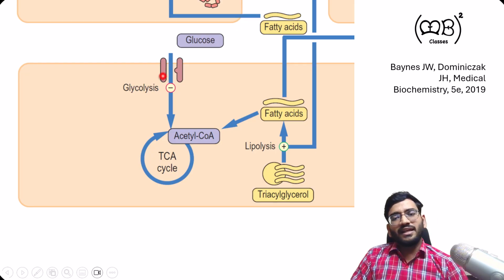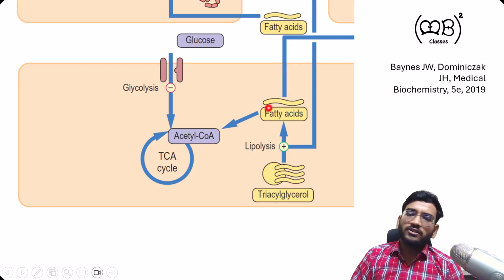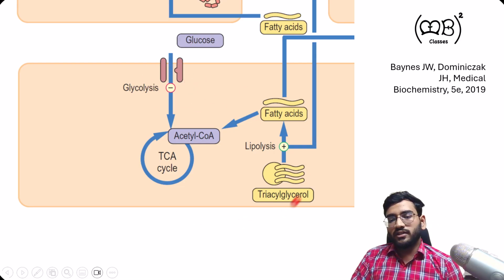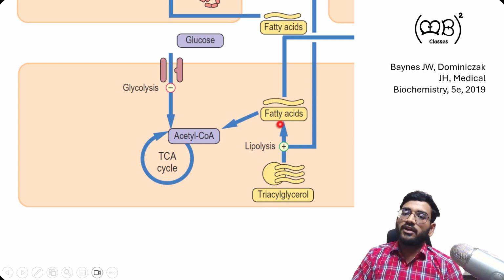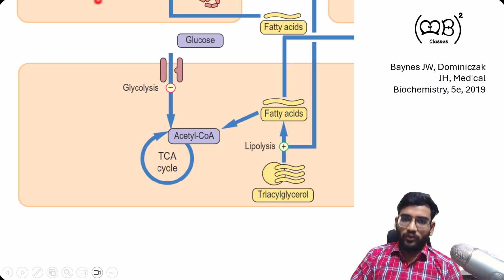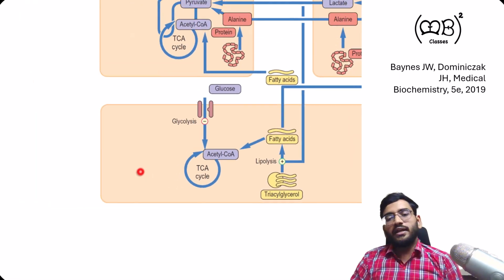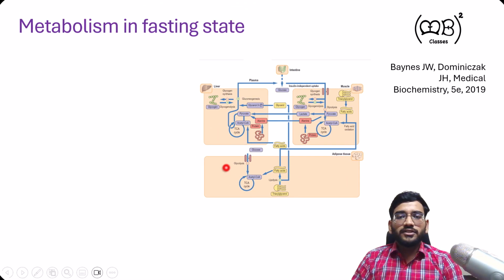Now in adipose tissue, what happens? I already told you that in adipose tissue it is very simple. It is only concerned about fatty acids. So there is no uptake of glucose now because there is no availability of glucose. Most of the energy is coming from the triglycerides breaking down into fatty acids and glycerol. Glycerol is sent to the liver to form glucose via the gluconeogenic pathway. The fatty acid undergoes beta oxidation, forms acetyl coenzyme A, and enters the TCA cycle to form energy.